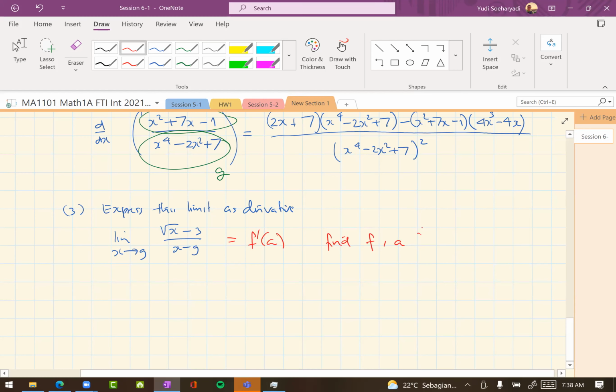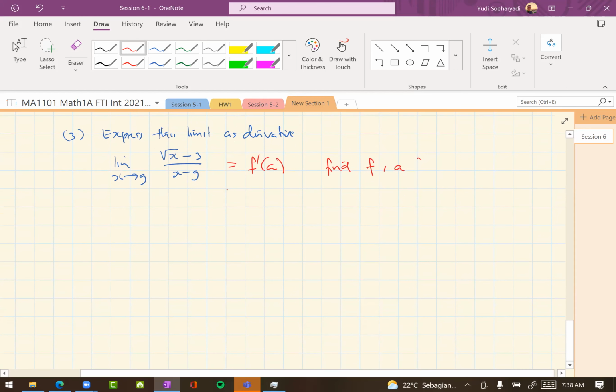Okay, but recall that this limit here, there are two ways of computing the derivative. If you use this one, then h goes to 0. If you use this one, then y goes to x, and that gives you the same thing.